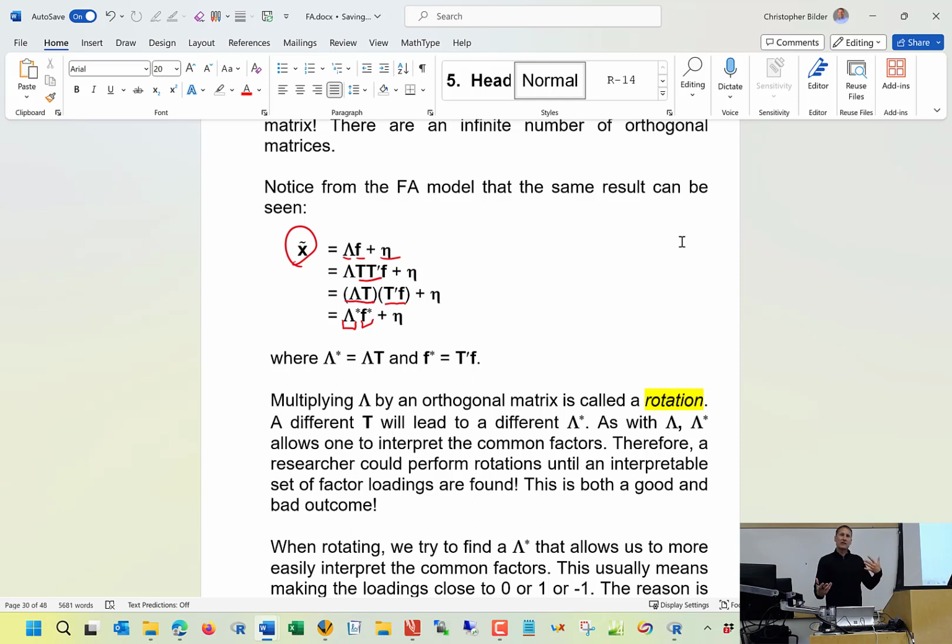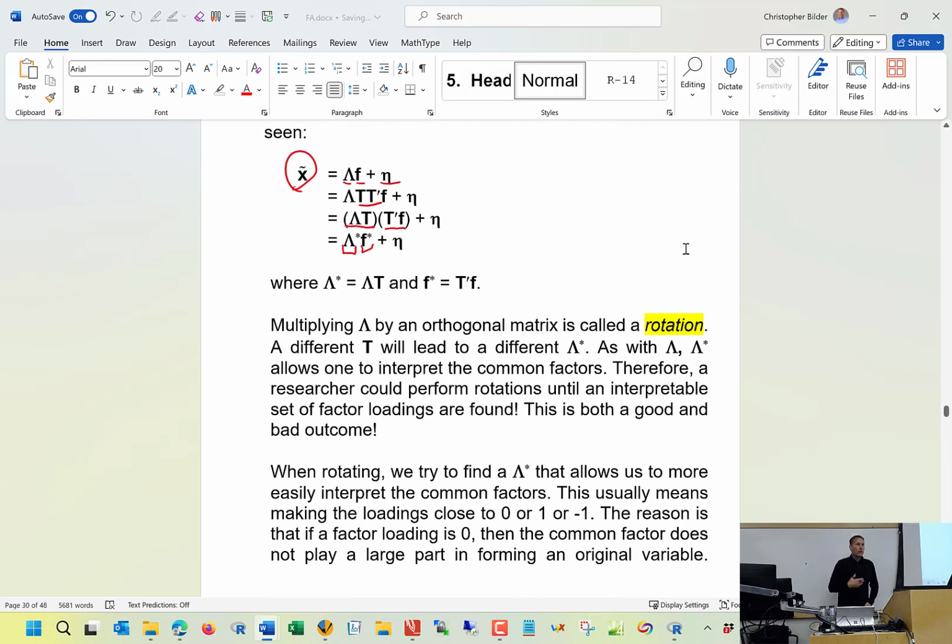We use the quantities inside a lambda star to now try to interpret it. This interpretation will likely be different from our original lambda, our original F. So, what we see here is that we have non-unique common factors.